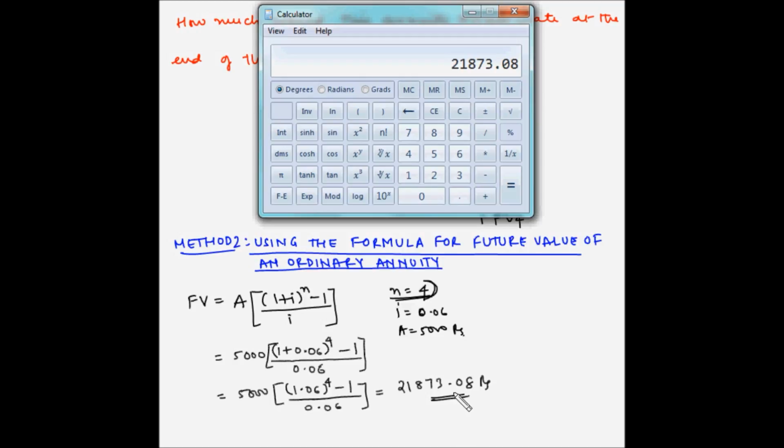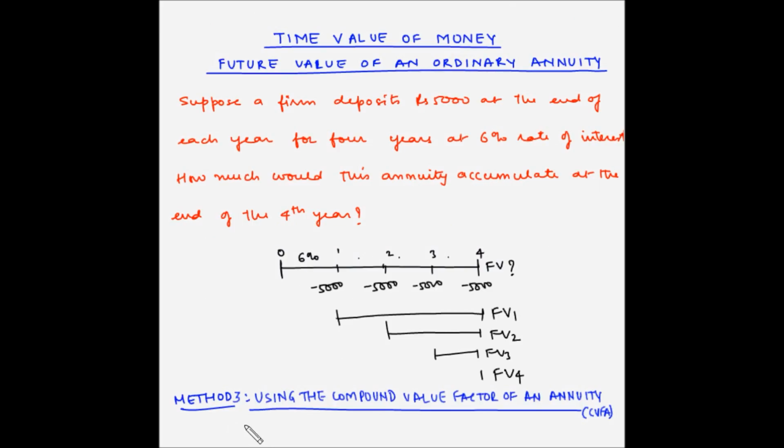Now let's move on to the third method. The third method is to use the compound value factor for an annuity, which is also known as CVFA, compound value factor of an annuity.